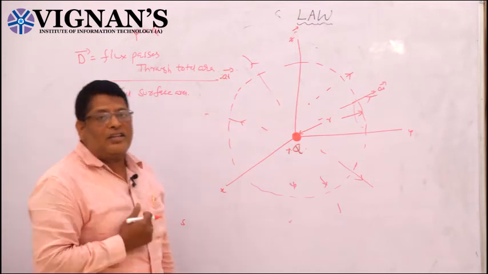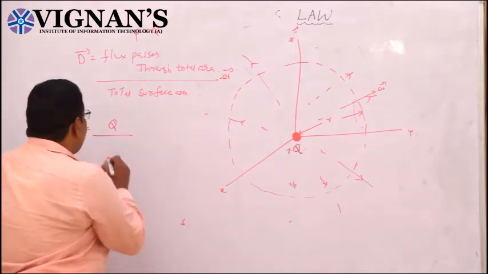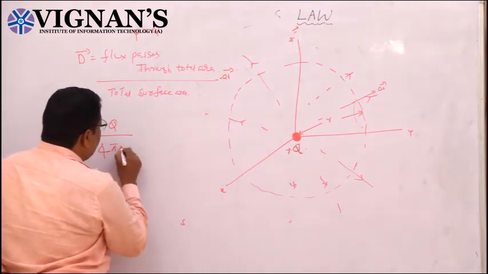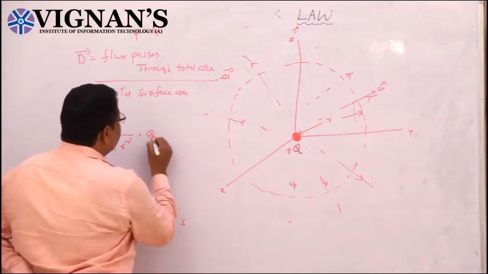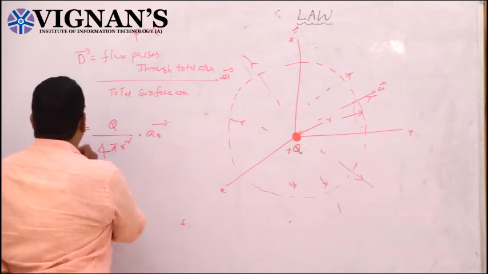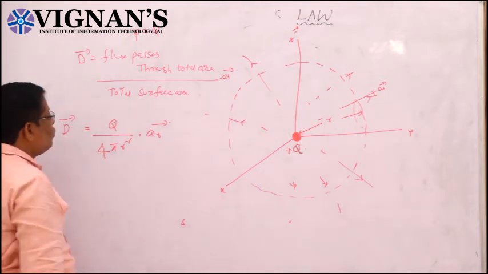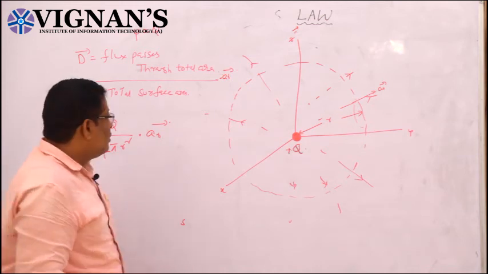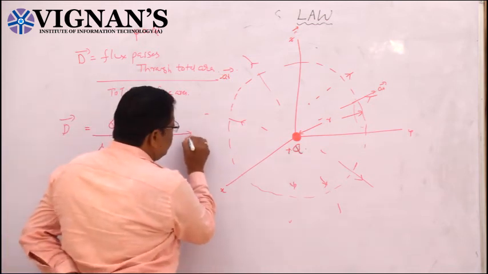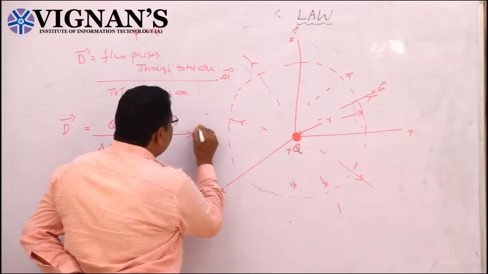We know the surface area of the sphere is 4 pi r square. So D bar equals Q by 4 pi r square into a r bar. Take this as equation 1.